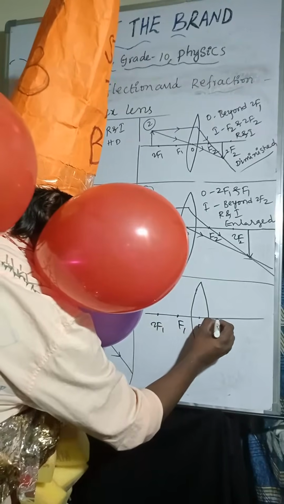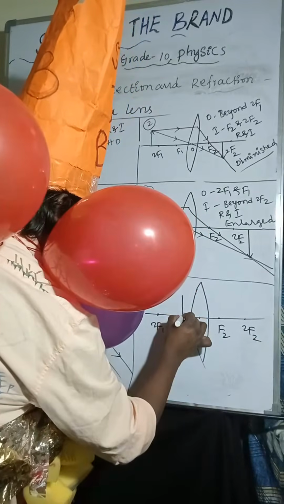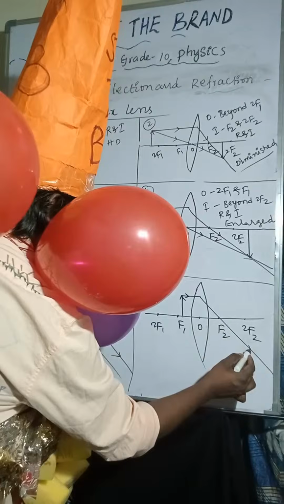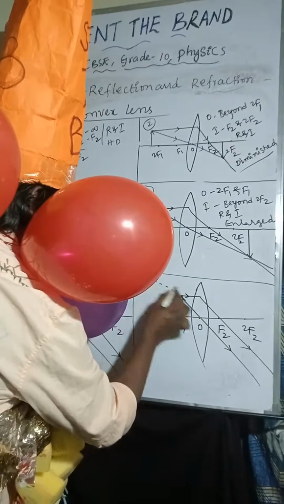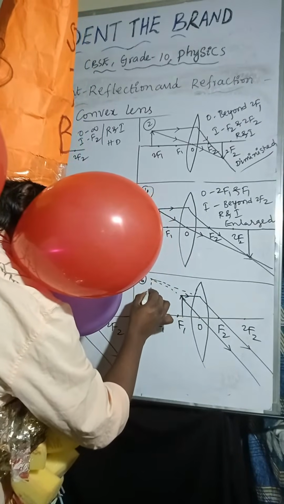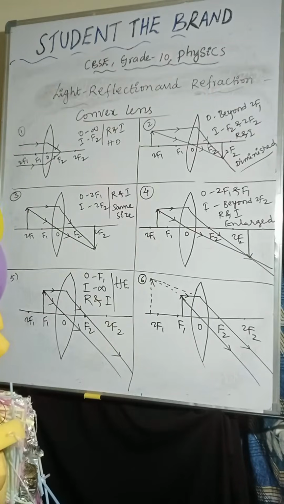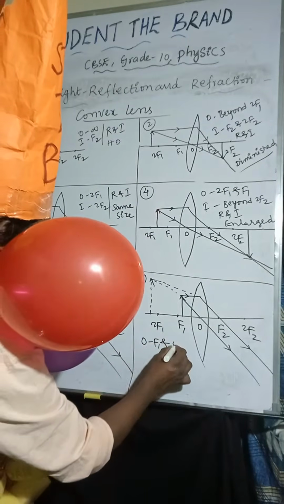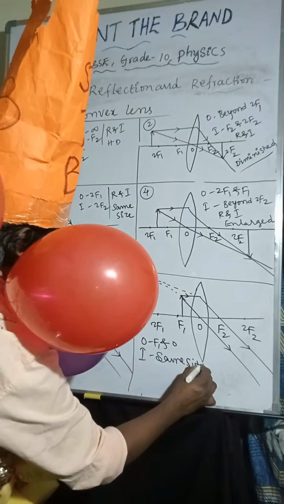So F1 and 2F1, F2 and 2F2. So object is placed between F1 and O. Image is forming on the same side of the object.